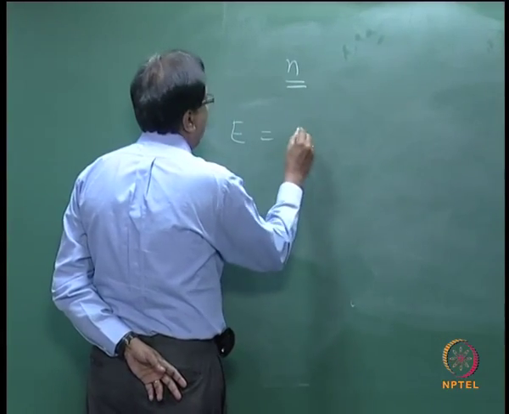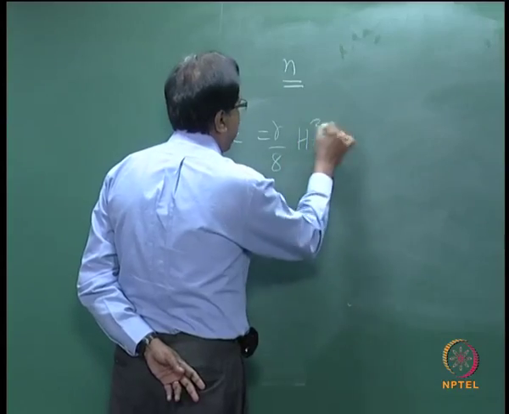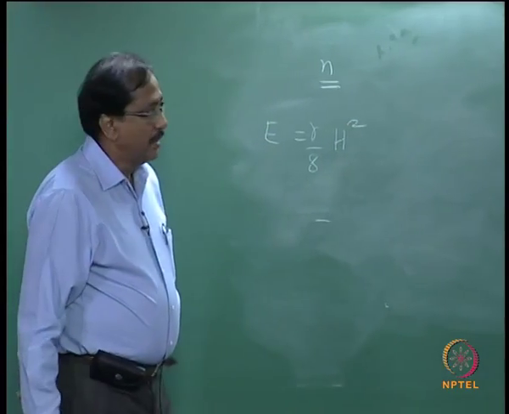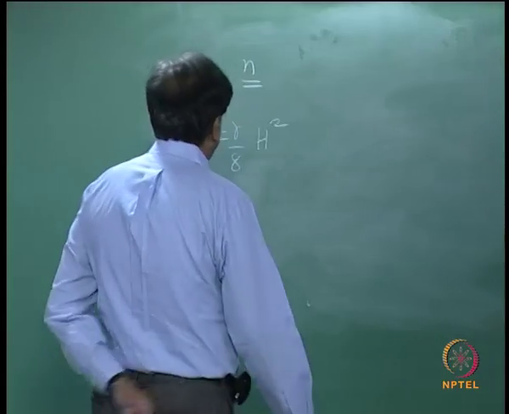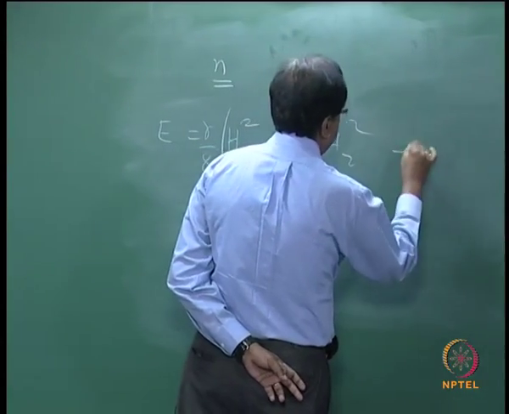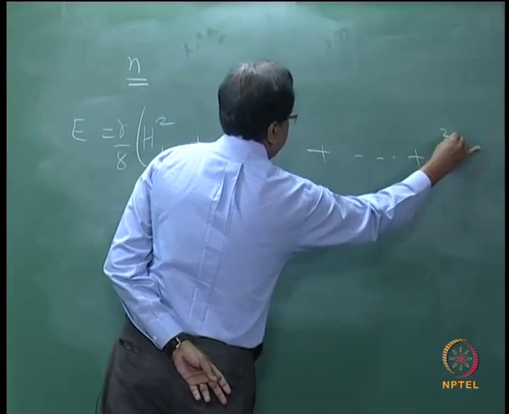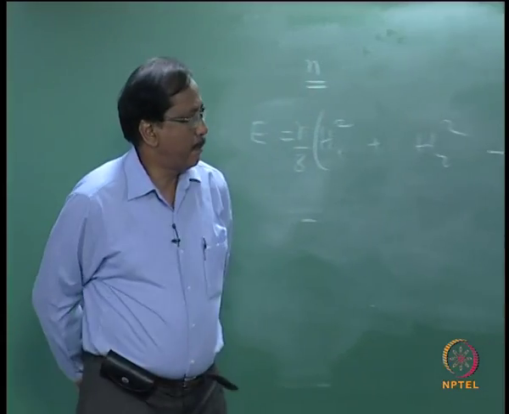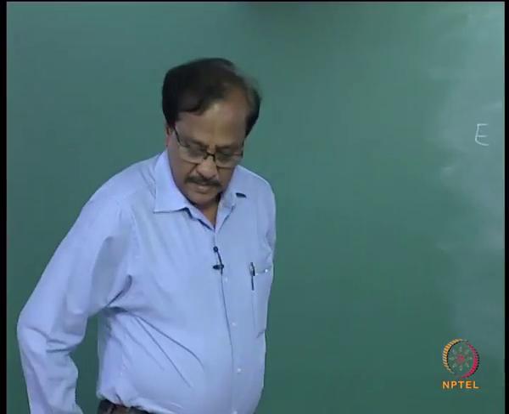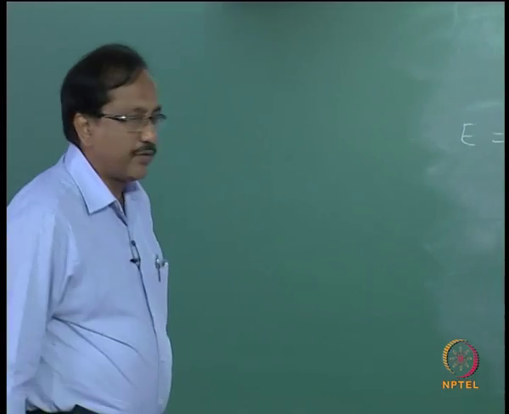Energy is gamma by 8 into h square. So, here I have h number, so I can write this as a sum, and each of which will be having associated with a frequency.